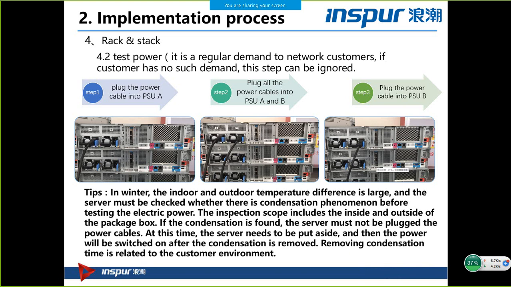If condensation is found, the server must not be plugged into power cables. At this time, the server needs to be put aside, and then the power will be switched on after the condensation is removed. It's usually for the winter, or when the temperature is quite different indoors and outdoors.